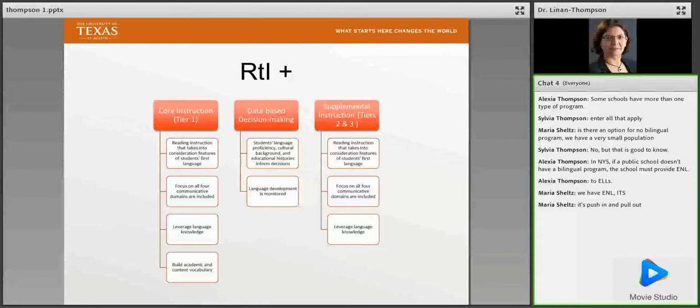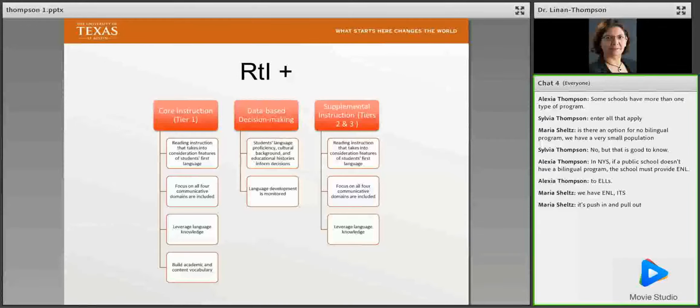Across a number of studies, we know that we've gotten much better at helping students develop phonics and the basic foundational skills, but many students still struggle with comprehension, and that, of course, is related to language.